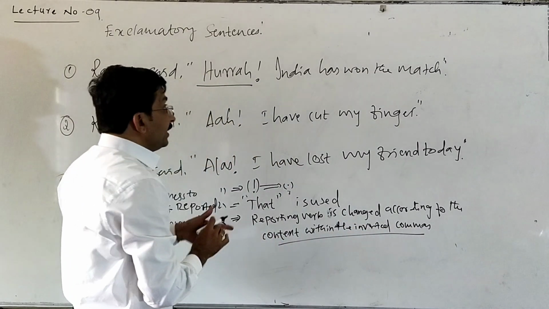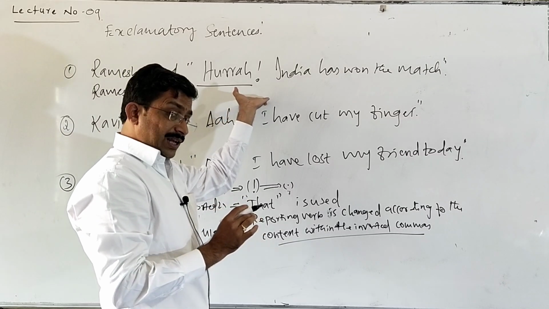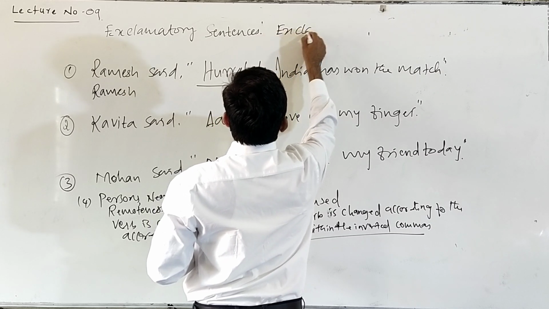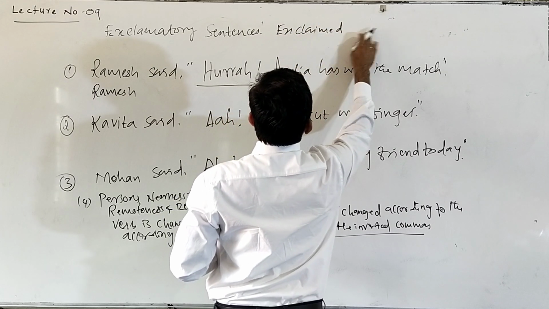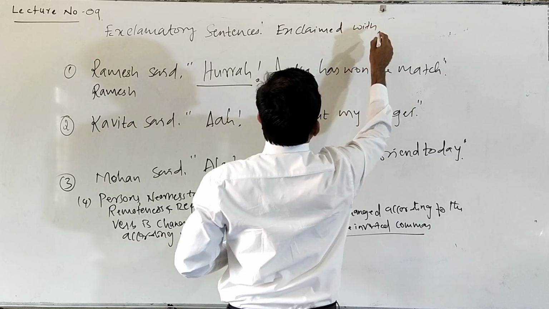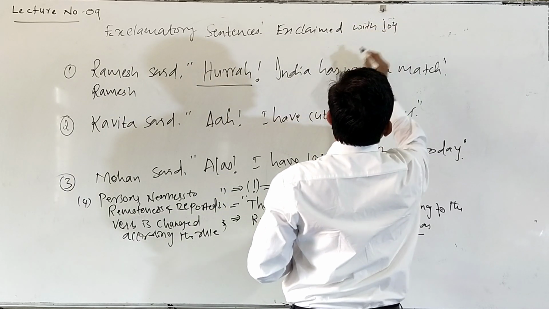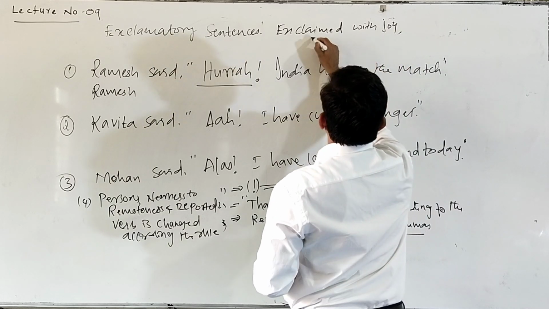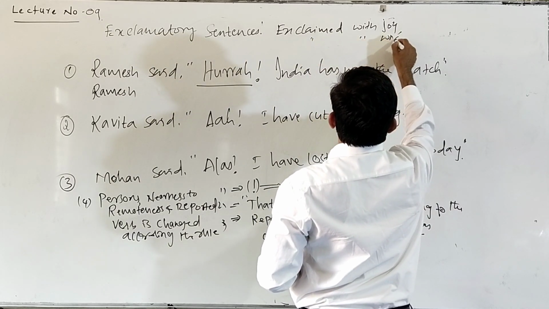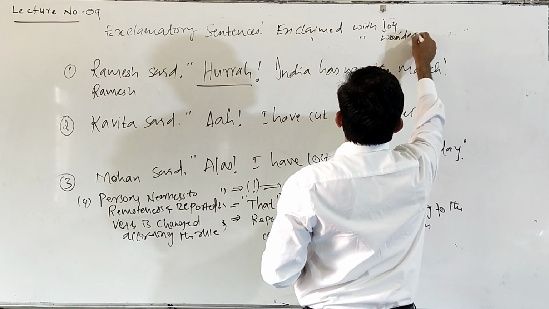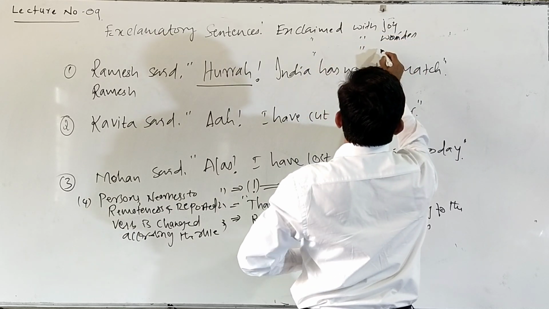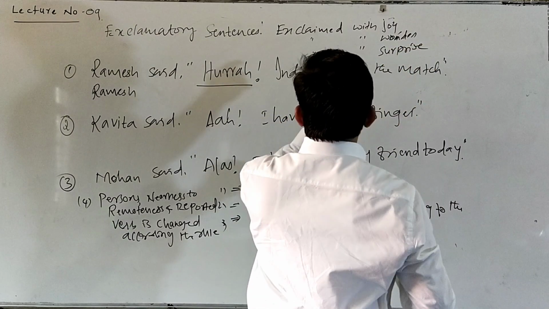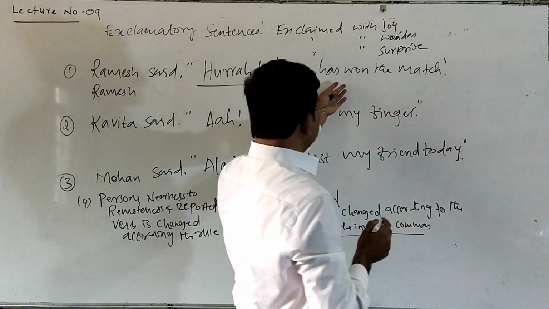It means in an exclamatory sentence, here we use exclaimed with joy, or exclaimed with wonder, or exclaimed with surprise. We use it like this, if the statement is like that, depending upon the sense.